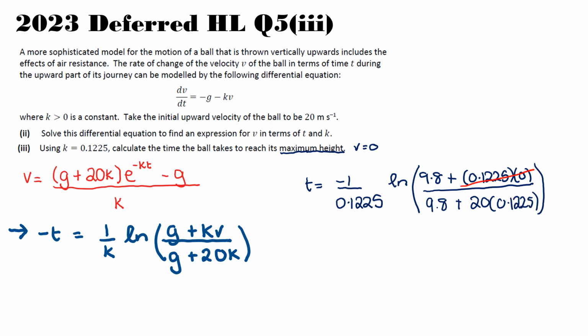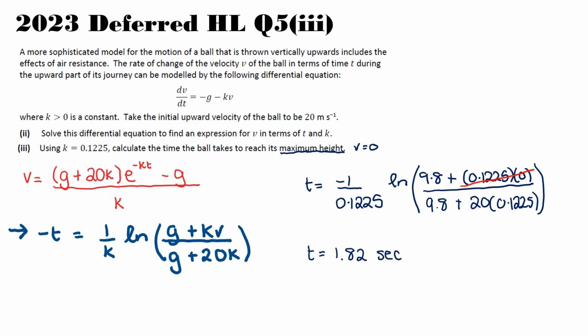We're putting this in the calculator. That bit's going to disappear, so I'm not even going to put that bit into the calculator. We can go straight to our calculator and it's going to give us our time straight out. No rearranging or solving required. This is a simple calculation.